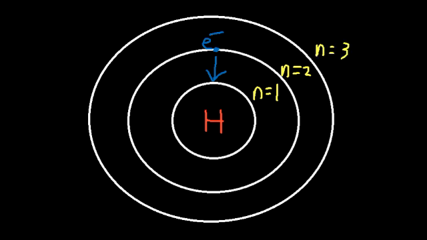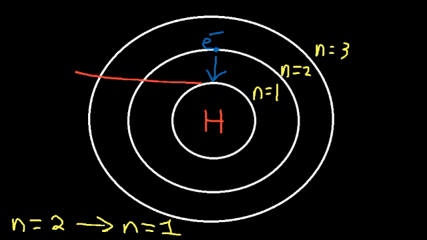So if an electron goes from the n equals 2 energy level to the n equals 1 energy level, will it emit a photon or will it absorb a photon? Anytime the electron falls down, if it moves closer to the nucleus, it's going to emit a photon.